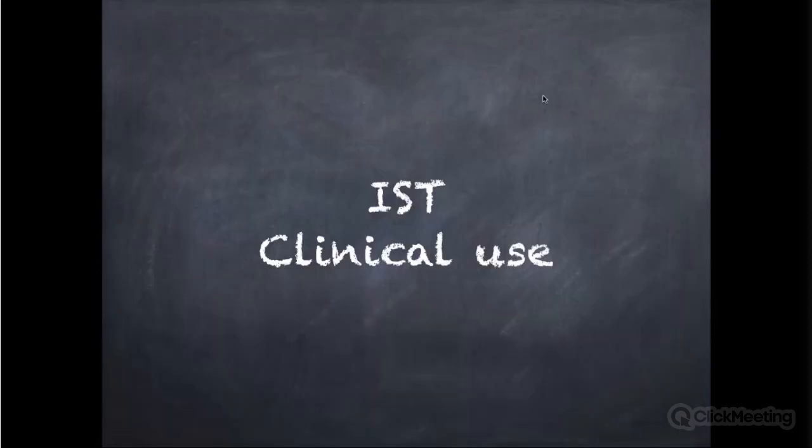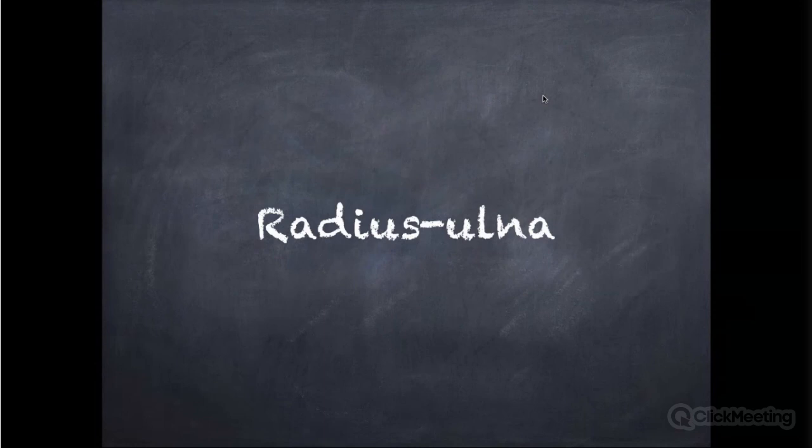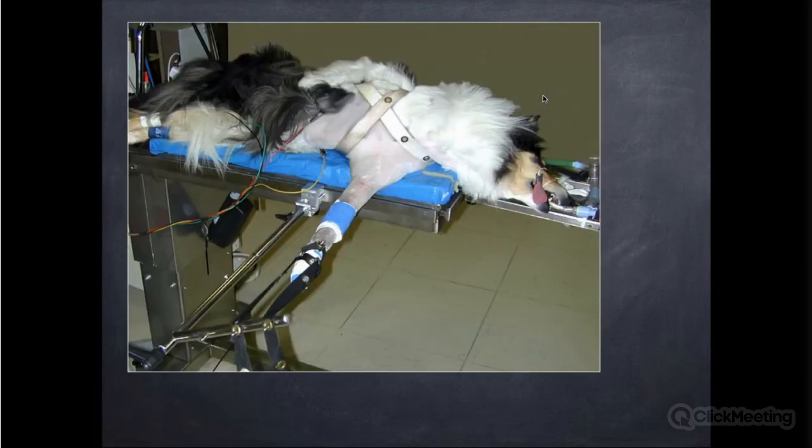So about the clinical use for radius and ulna, the standard use is performed with the traction belt. As already mentioned, if you have a very distal fracture or the traction belt is slipping away from the limb, of course, you can use the traction stirrup as well.